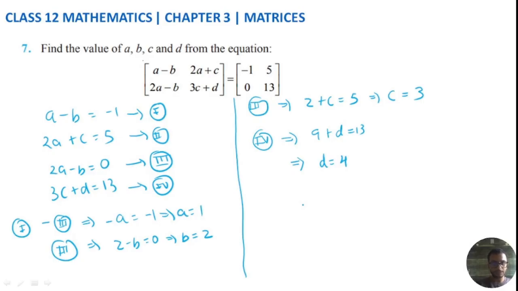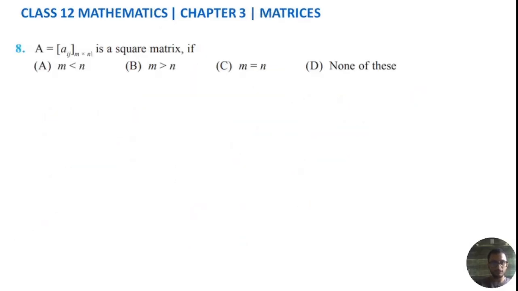Now let's move quickly to the next question. What is question 8 saying? This question is very easy. A is a square matrix and the order of A is given to be m cross n, that is, m comma n.